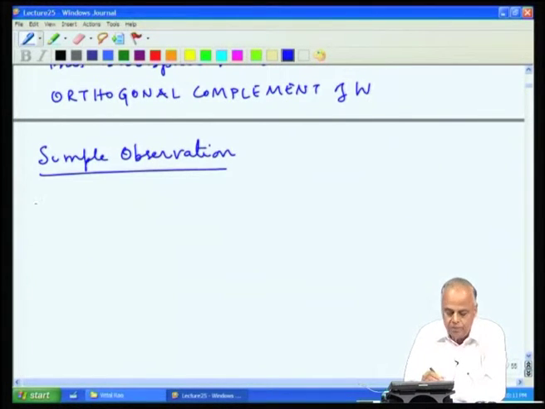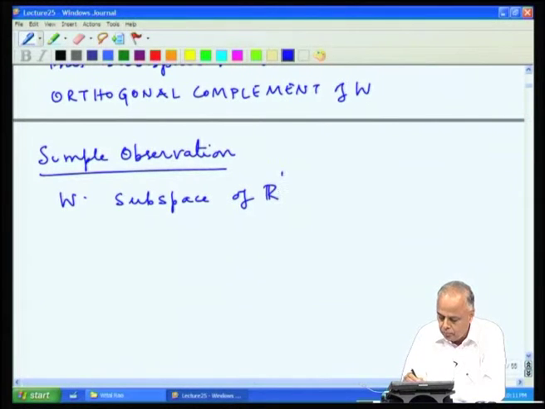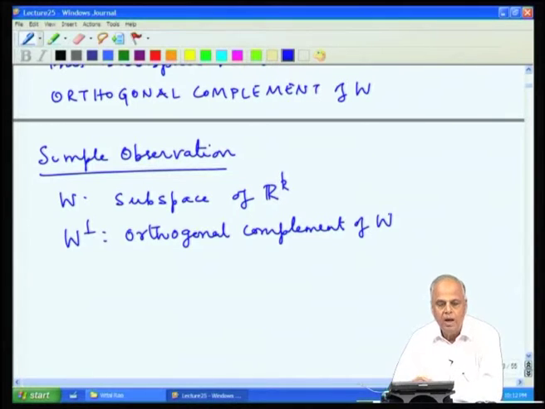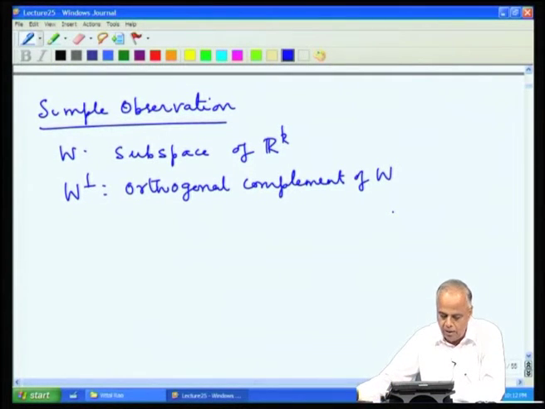Again we start with the subspace W of R^k, and we denote by W perp the orthogonal complement of W. So we have a subspace and its orthogonal complement.